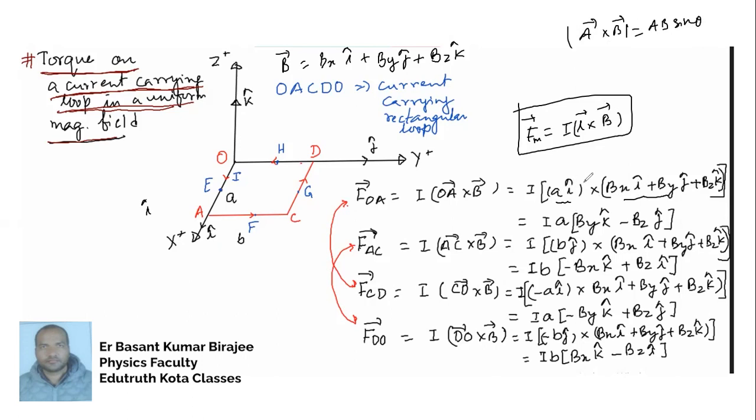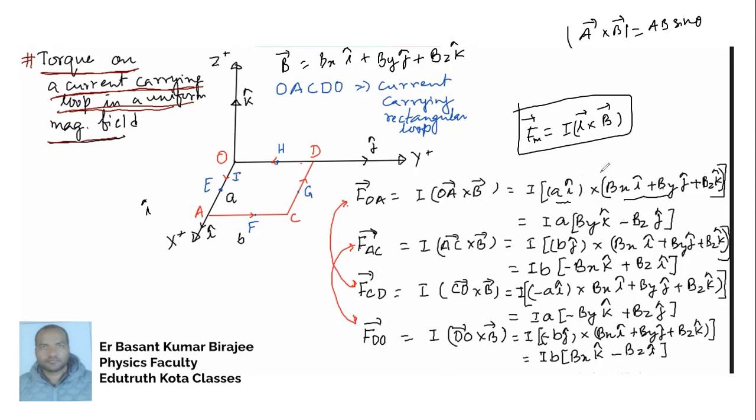Now you find the cross product of i with the next term, and i cross j is k, and I and A we put outside. So you have By k cap.